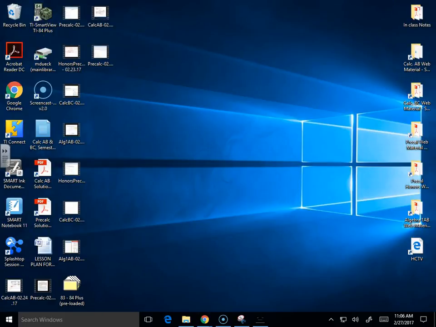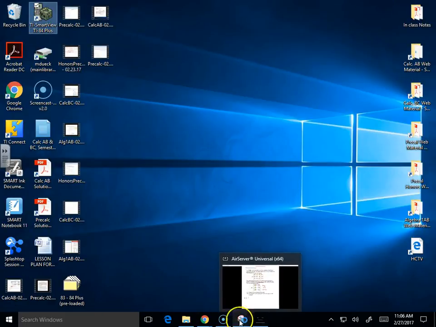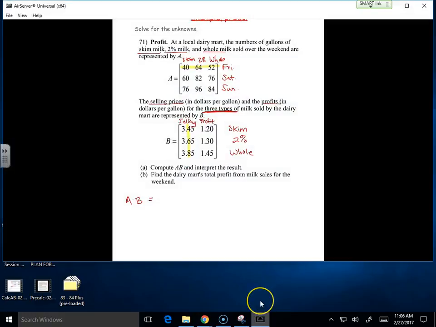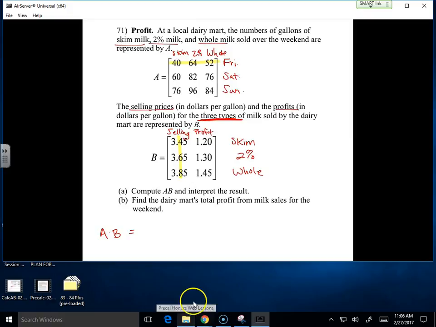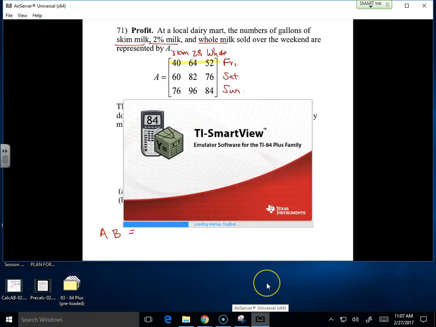It's going to go in the calculator, A1. We have a 3 by 3 and a 3 by 2. That's A1. A2. And then keep going.